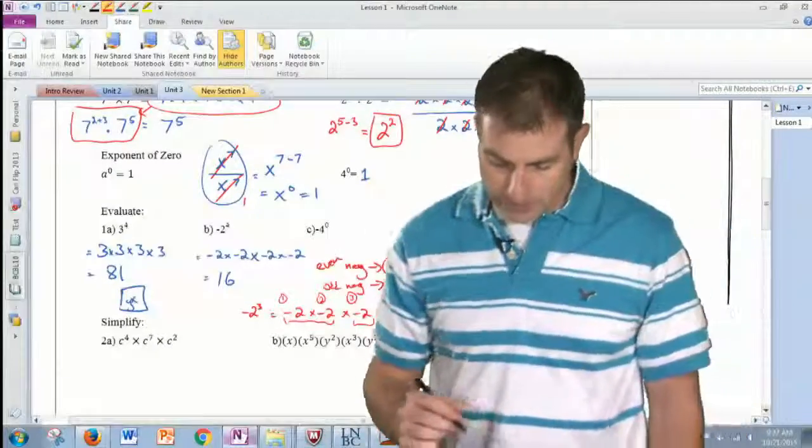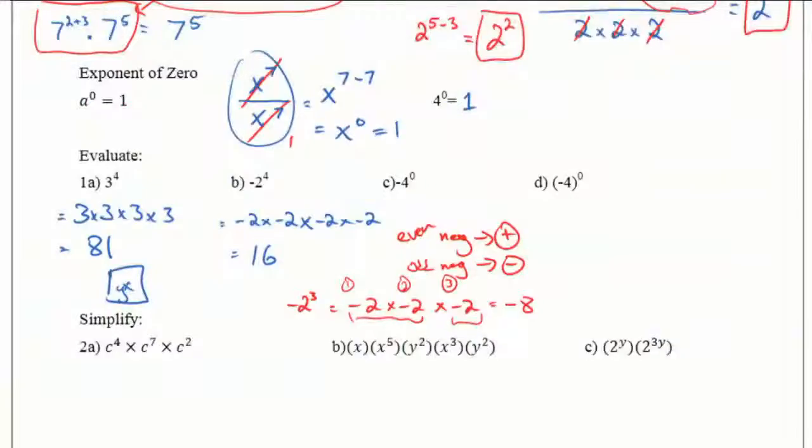We'll keep going. Negative 4 to the power of 0 is going to be different than negative 4 in the brackets to the power of 0. So kind of a trick question here, I suppose. How are these things different? This one comes up a lot.